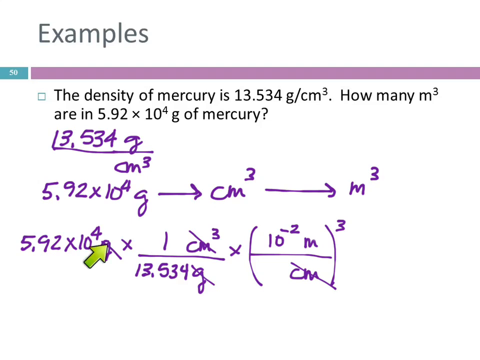When I do the math on my calculator, I have to cube the number. As I'm going through my calculator, I'll tell you what buttons I'm pushing. 5.92 EE 4 divided by 13.534 times 1 EE, change sign, 2, and then my calculator has a y to the x button.